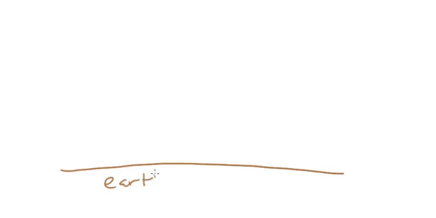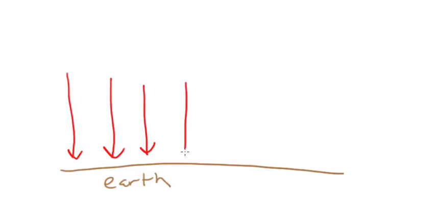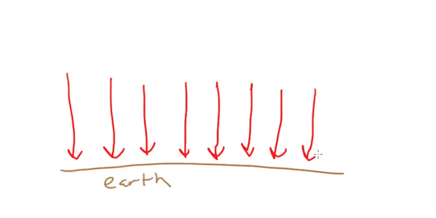Now let's go back to the Earth example. So we have Earth again, and we're going to have gravitational field lines coming to the Earth. And we'll again have our box of mass m here.